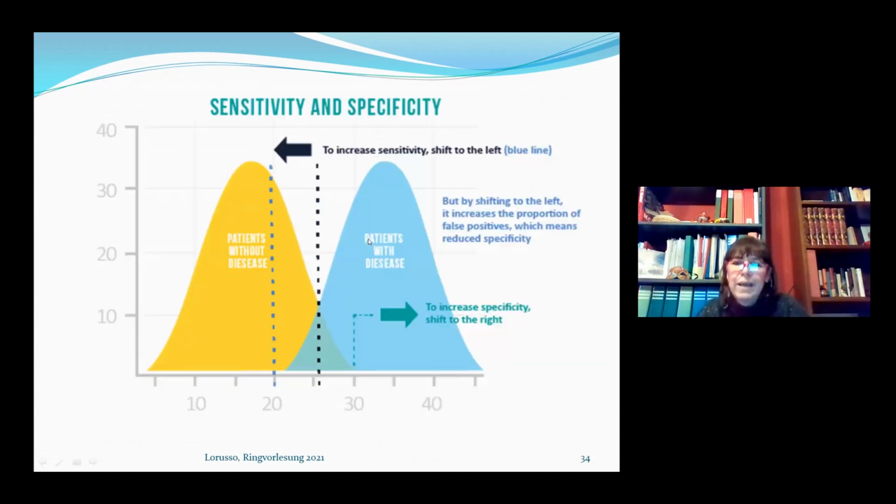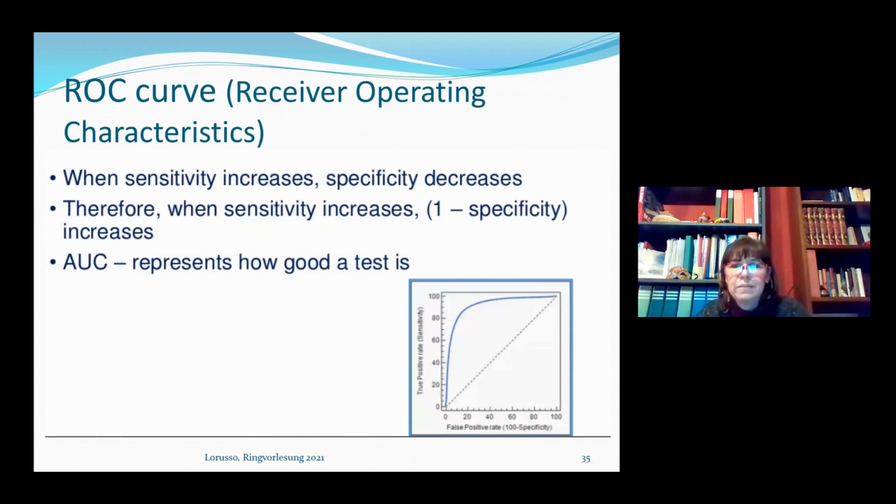In order to put together the information that you have from sensitivity and from specificity, you generally use what is called the ROC curve, so receiver operating characteristics, which is a graph where you have this curve representing the function mapping sensitivity with 100 minus specificity, so the complement of specificity, where the desirable curve is as much as possible close to this angle, okay?